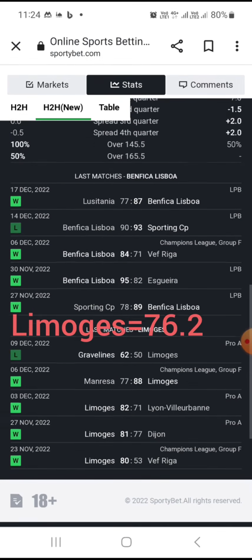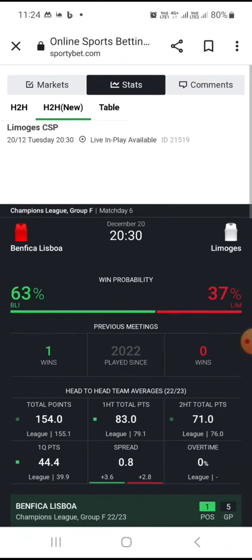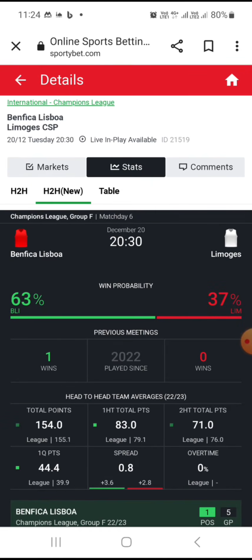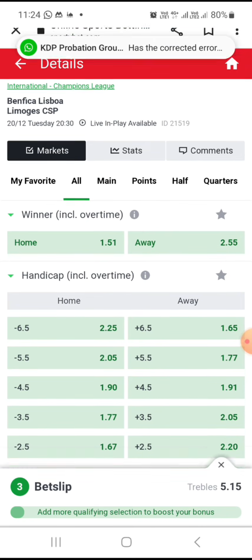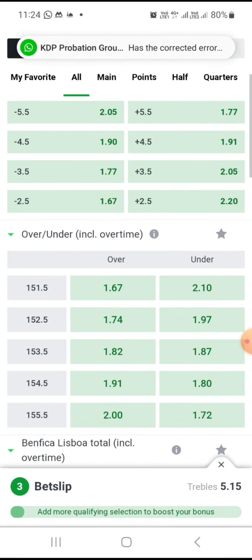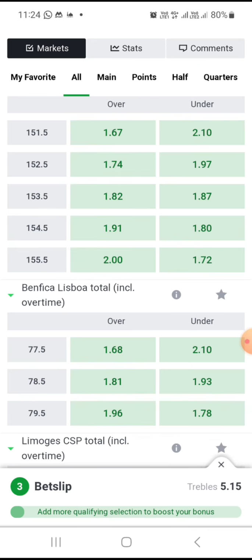So if you've divided it and Benfica gives 89, what you have to do is come to the Benfica side, the highest point, the highest distance there, as tabulated here as 77 over 77.5 being your target, and check if it is further than the average. When I calculated it, they have 79 under the average.